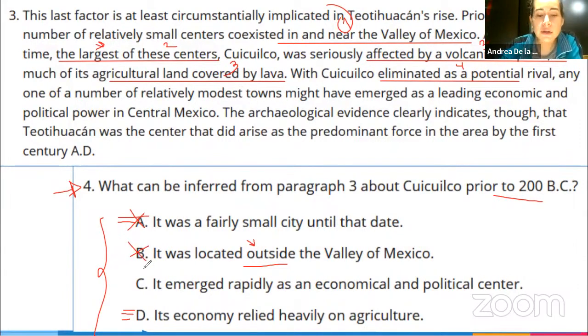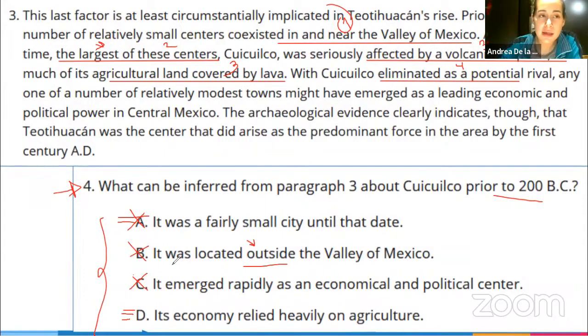Now, C says it emerged rapidly as an economical and political center, right? Now, option C is a very common trap in the TOEFL reading. And this is usually one mistake that students make as well.